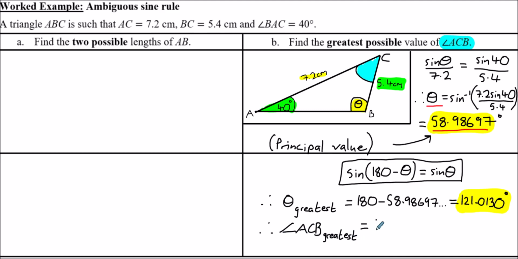So it'll be 180 minus the 40 minus the smaller value of theta, which is this 58.9 whatever. And that comes out as 3 sig figs to be 81.0 degrees.